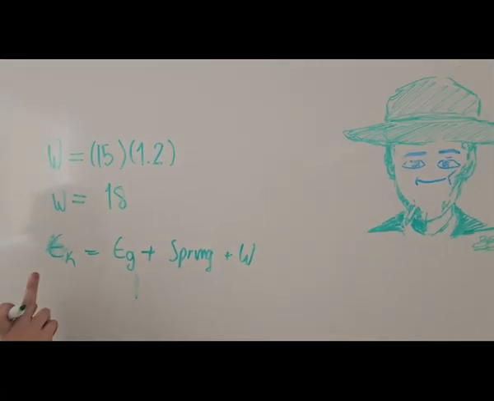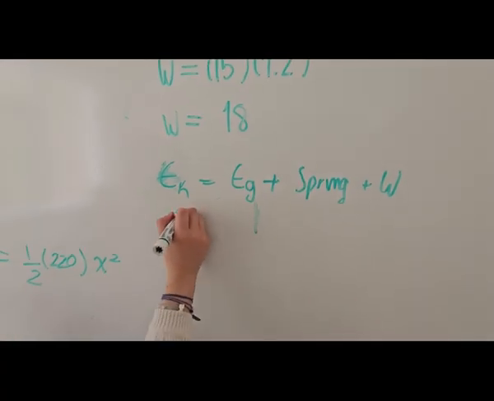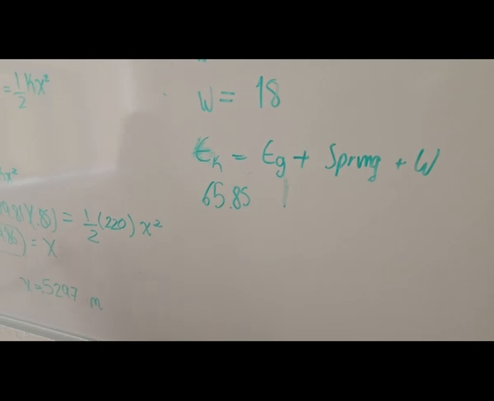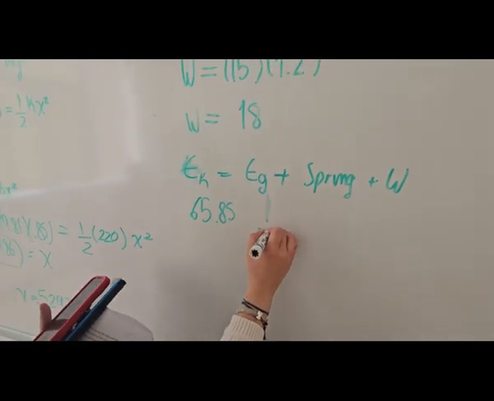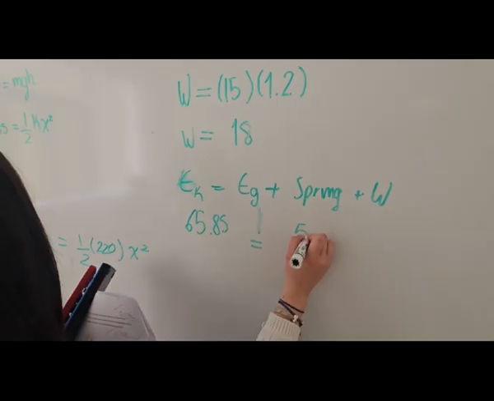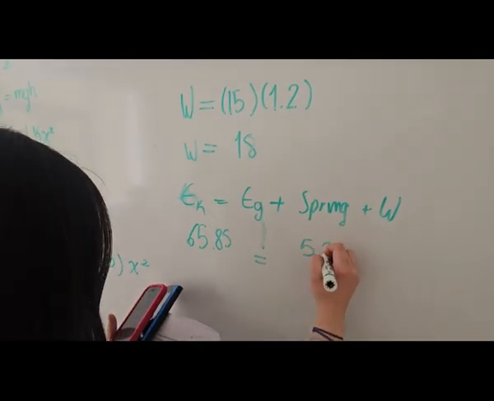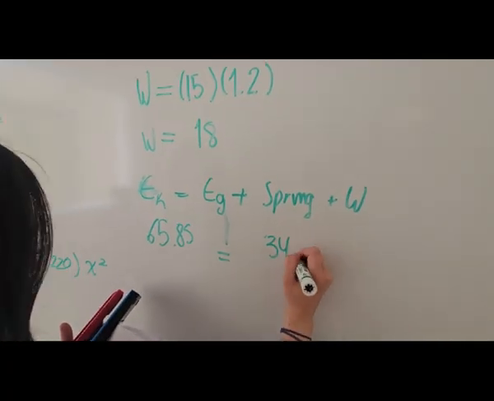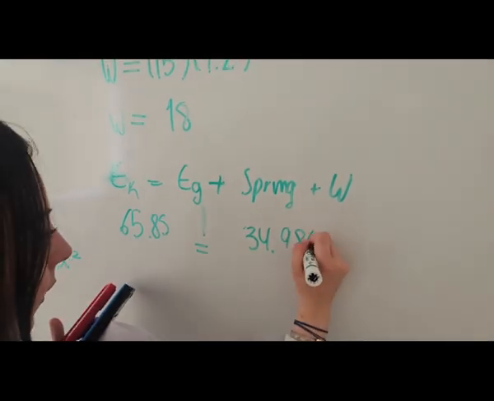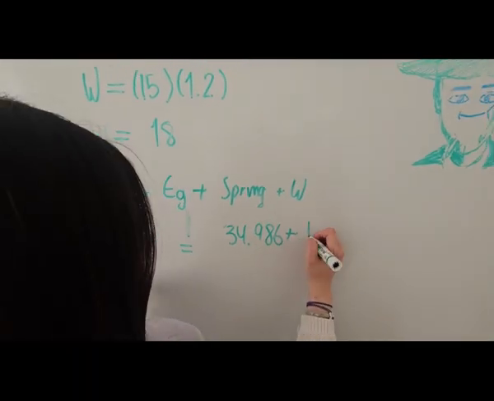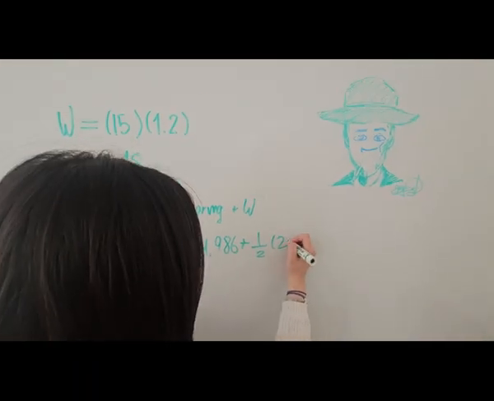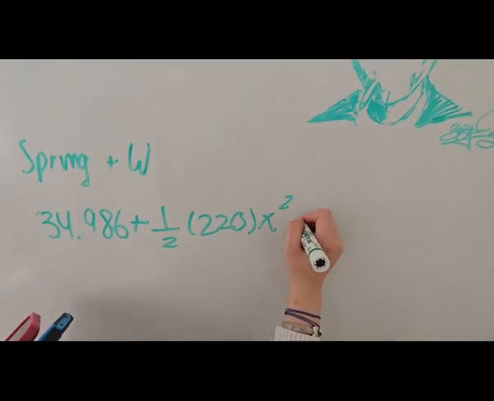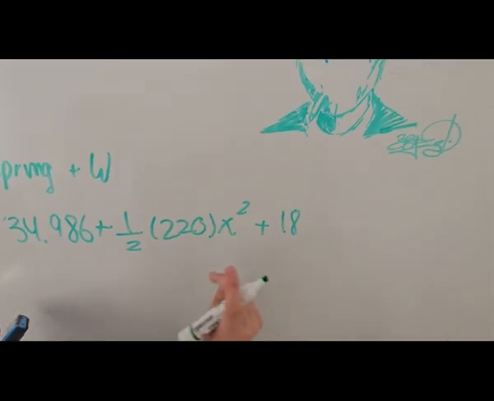So this will be 65.85 equals 34.96 plus 1,020 times x squared plus 18.